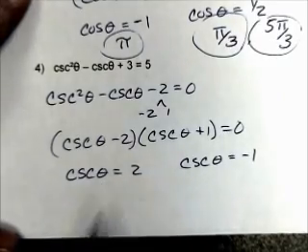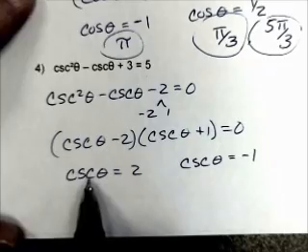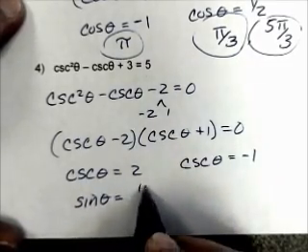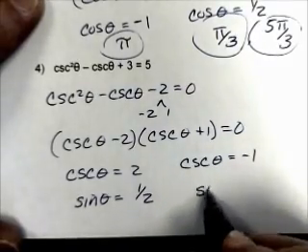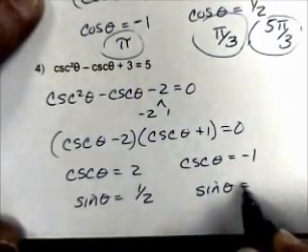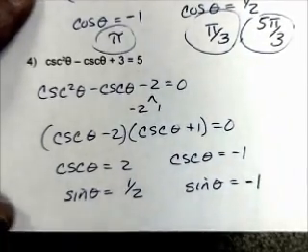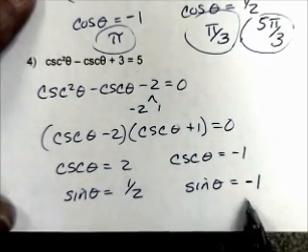Now, take the reciprocal of both sides, right? The reciprocal of cosecant is sine. So sine theta equals 1/2. Reciprocal of 2 is 1/2. And sine theta equals reciprocal of -1 is -1. Again, I see the sine theta value is -1.